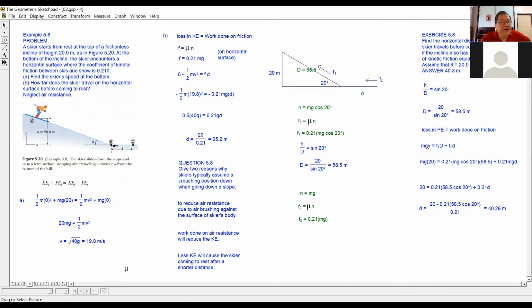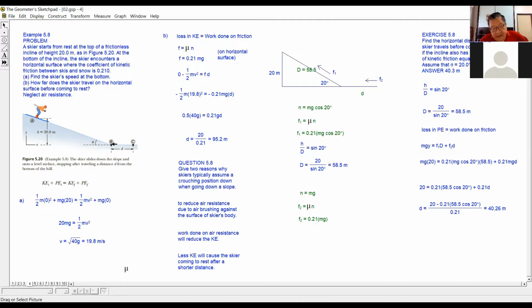The second part of the journey is after coming down from the slope, it accumulates a certain velocity. So you find out what this velocity is. Then with this amount of kinetic energy, it goes through a distance of d.